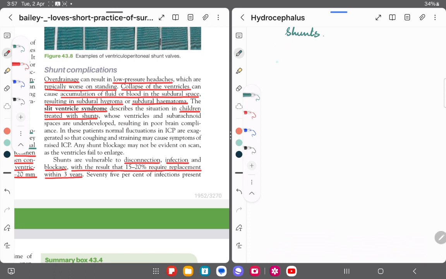Number 4 is disconnection, number 5 infection, number 6 is blockage.